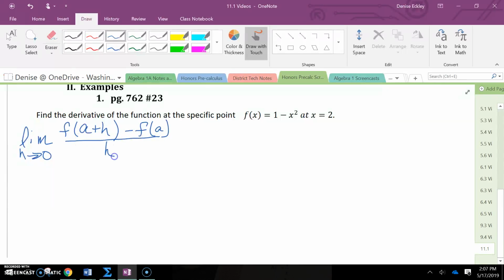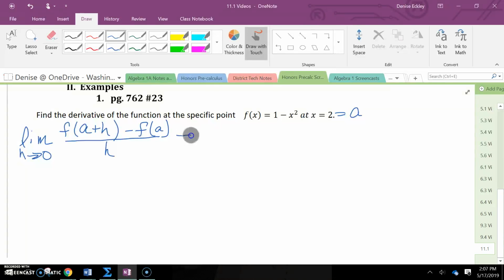Okay, so in our case, our a is going to be 2, and our h is that very, very small arbitrary distance away from a that we're going to make smaller and smaller so we get to a point where we're just taking the slope at one specific point as close as we can. So h is approaching 0.